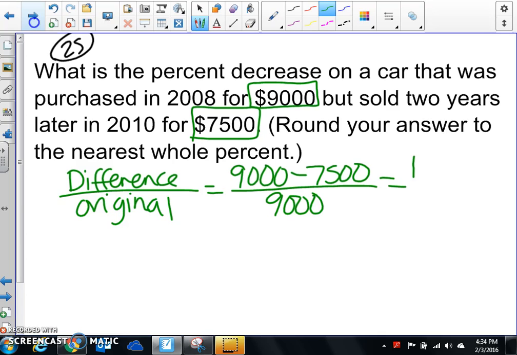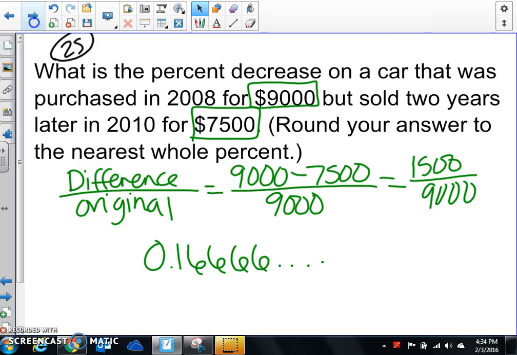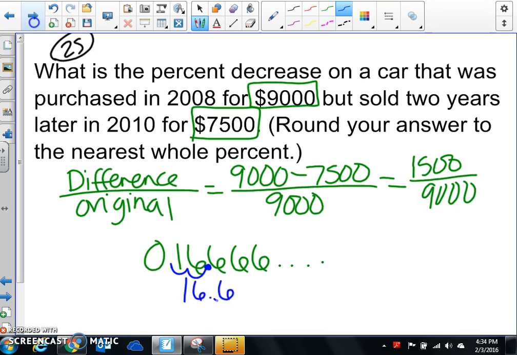So I should have 1,500 over 9,000, which gives me this decimal. And then remember, I round that to my nearest whole percent. So I still have to go over twice. And so that would be 16.6. If I want a whole number, this 6 would bump this 6 up. So it's actually 17%. And it was a decrease.